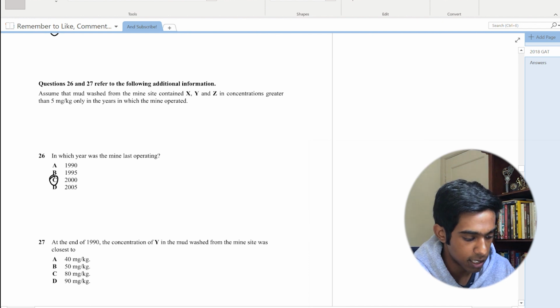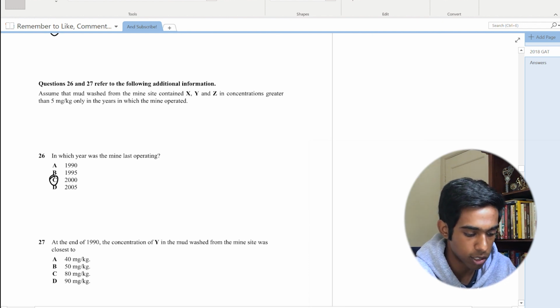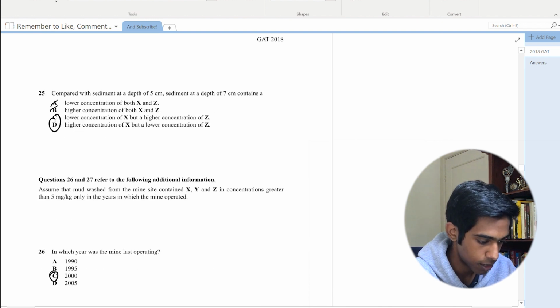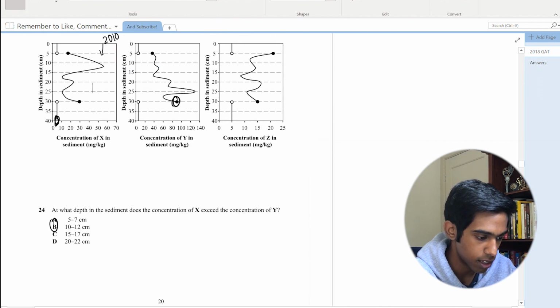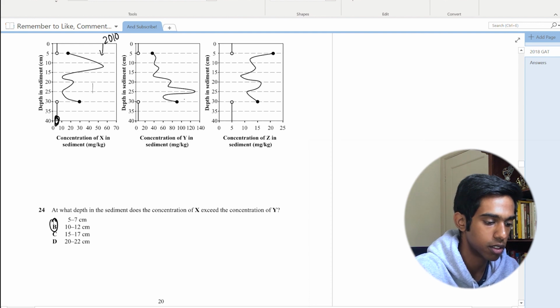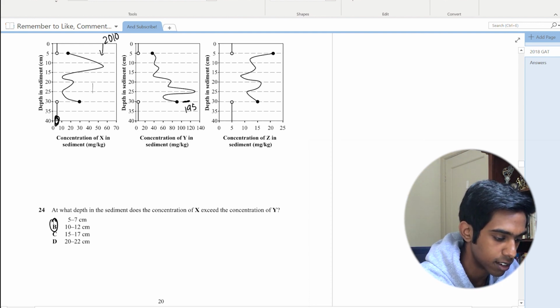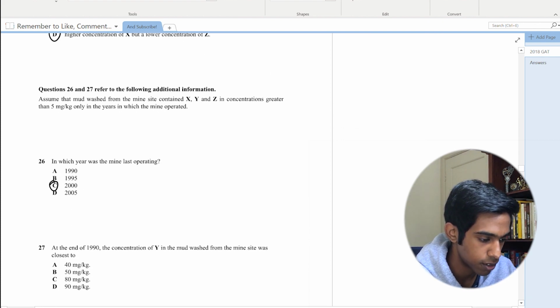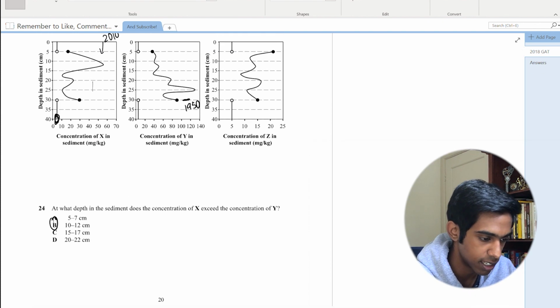At the end of 1990, the concentration of Y in the mud washed from the mine site was closest to. Okay, so we can just use the knowledge that 30 centimeters down is 1950. And then we know that there are 40 years from 1990 to 1950.